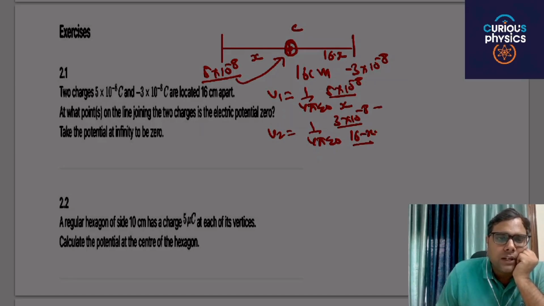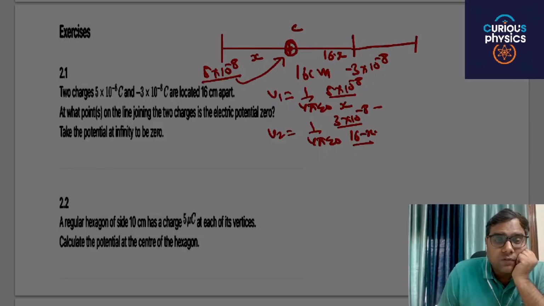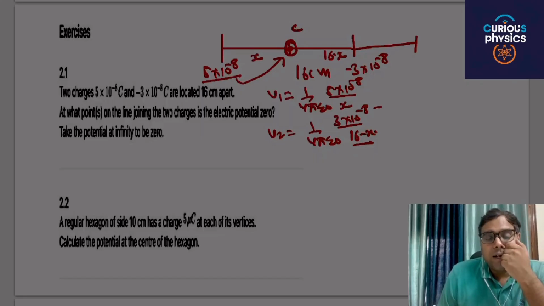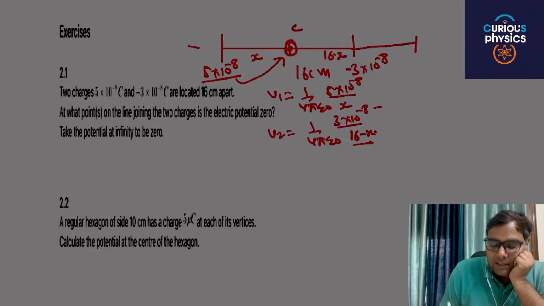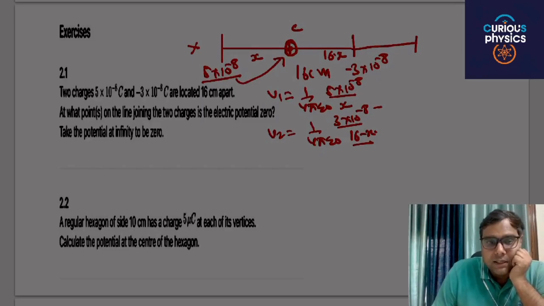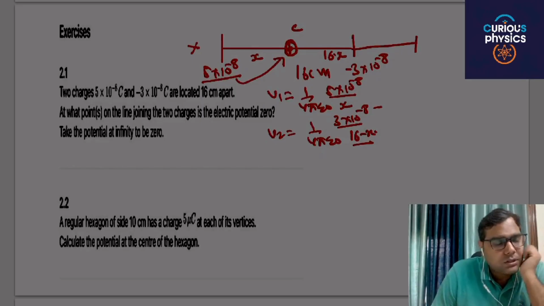Are you able to understand my point? You can also check if this is valid at this point or not. Nearby the smaller charge, I have also discussed in, I think, example 1 or 2 how to find it: there can be 2 points where the net potential can be 0, but never nearby this higher charge.